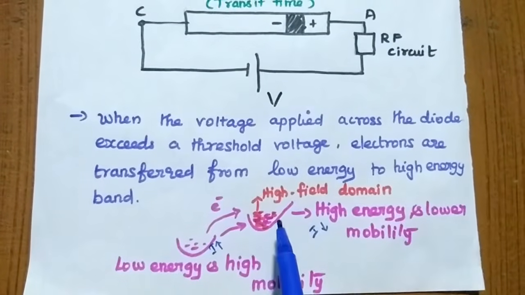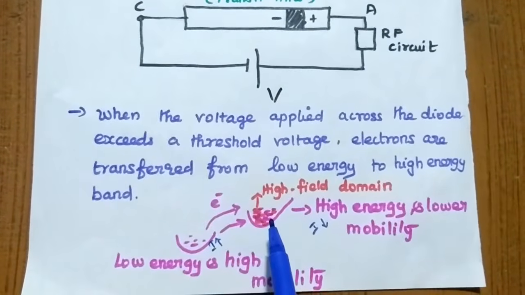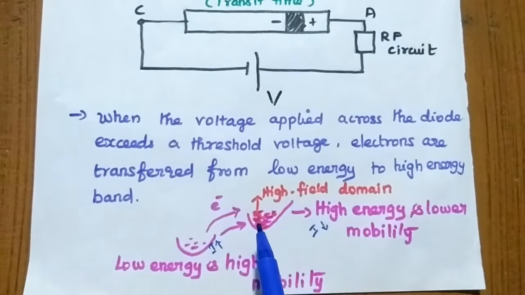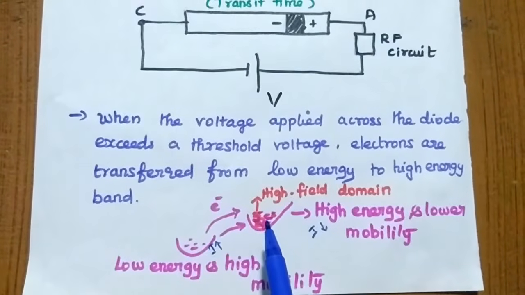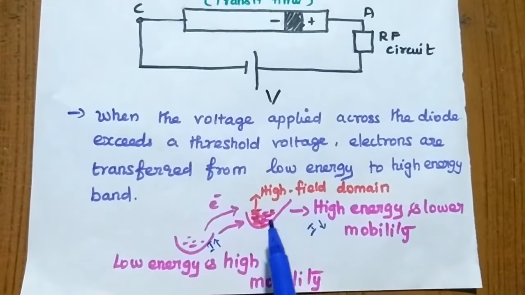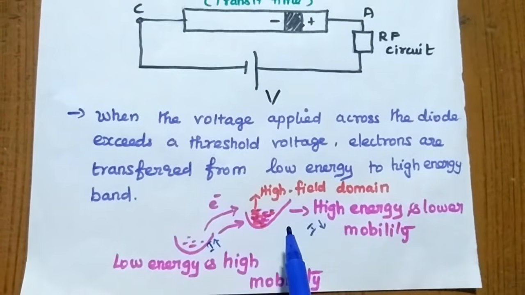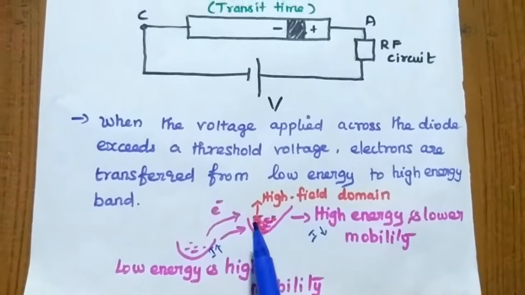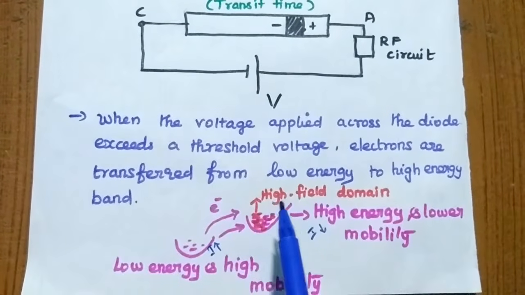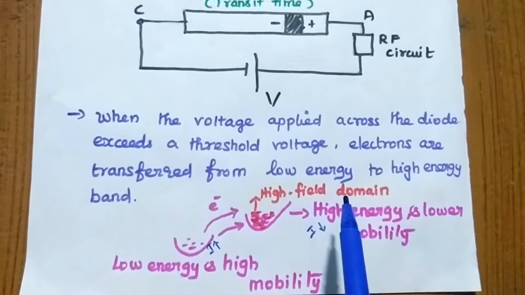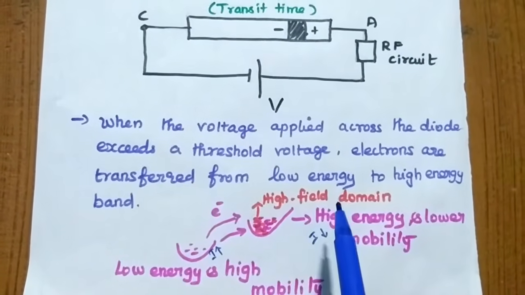So at that time all the electrons are bunched together, and then further move from cathode to anode by giving an excess electric field. So bunching or grouping all the electrons together is called high field domain or dipole domain.